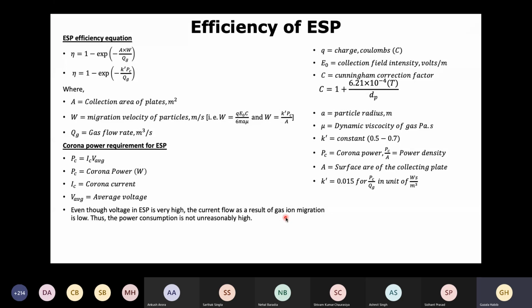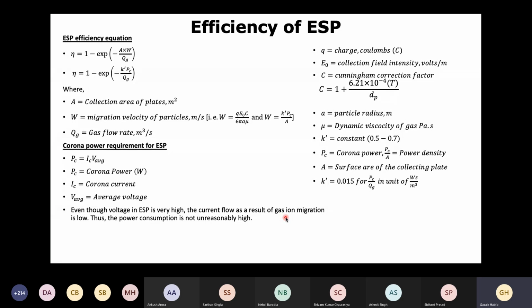This is the simple ESP where plates and mesh are used. However, there can be cylindrical electrodes also, so another type of ESP may have cylindrical electrodes for discharge and collection of the particles.